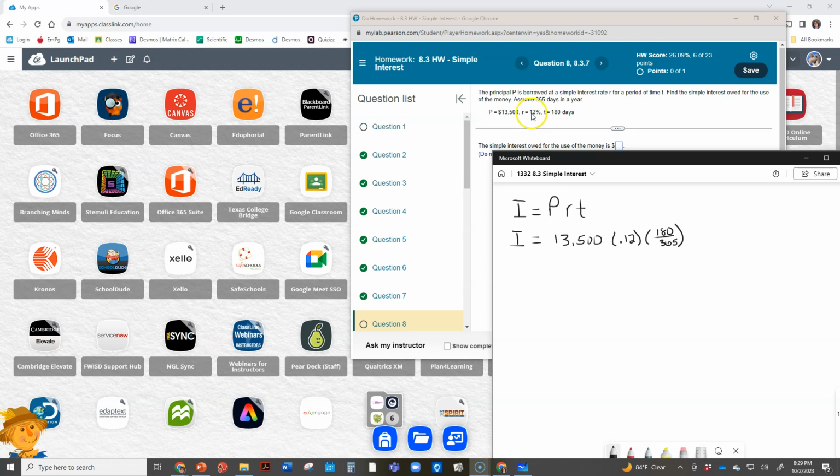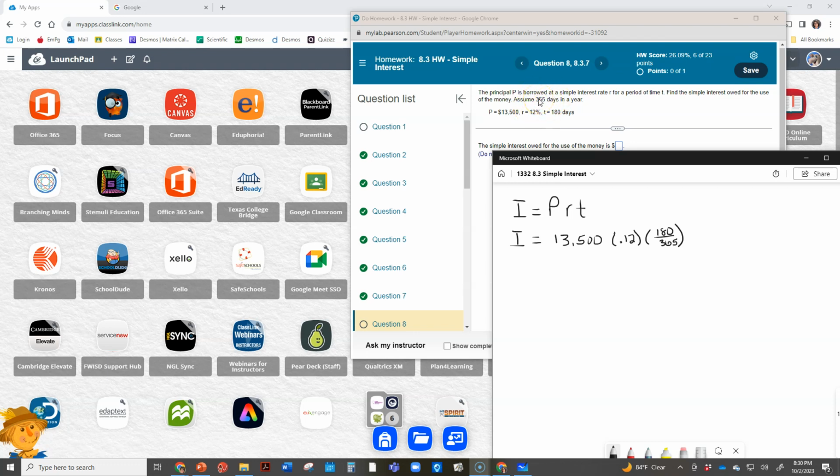Although we don't use annual interest rates very much, we immediately convert them to some other length of time. But for simple interest, it's almost always an annual interest rate. It doesn't say that in this problem, but it's implied, I guess, just because that's how financial jargon works. So that's how I know to do this in years.